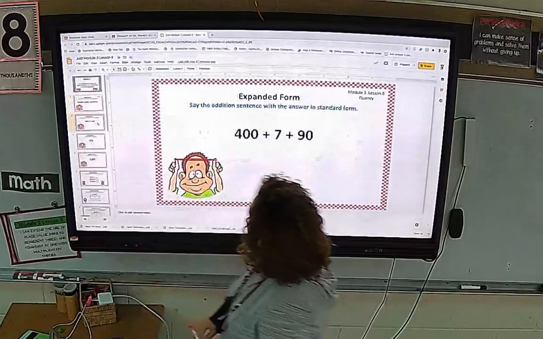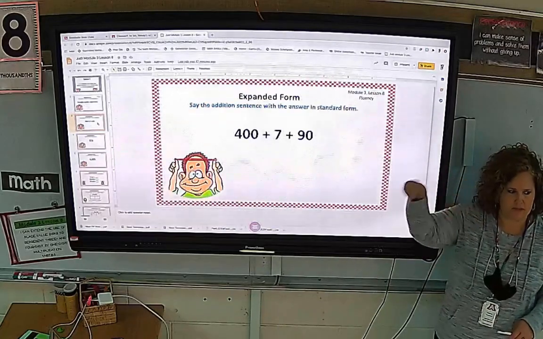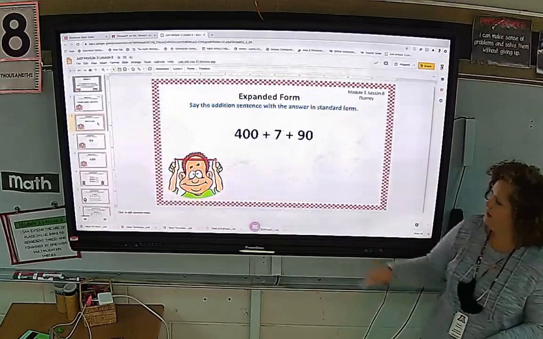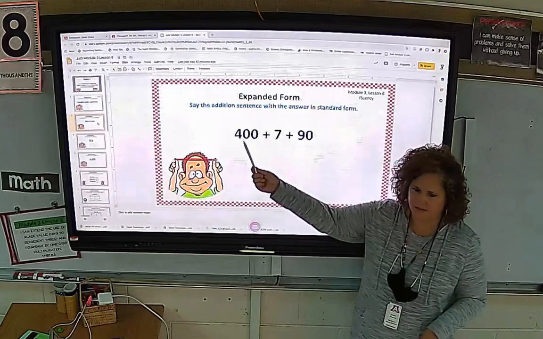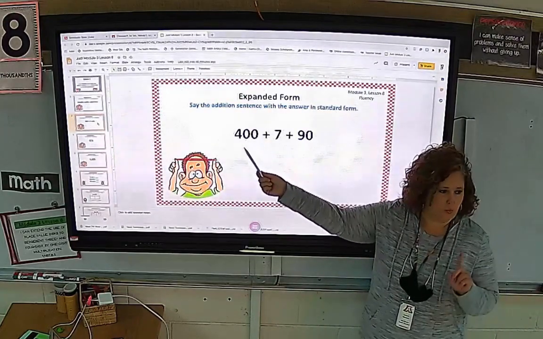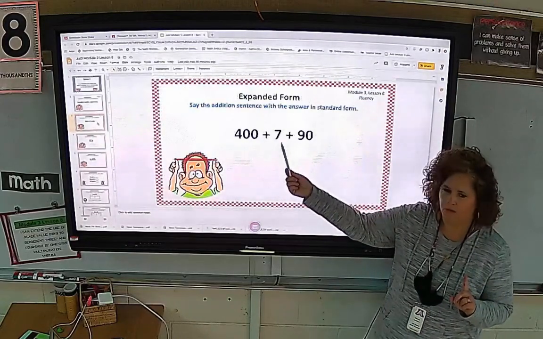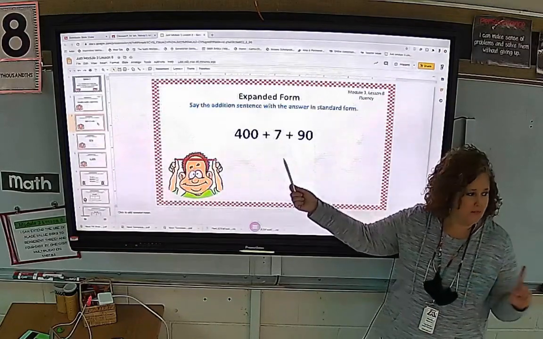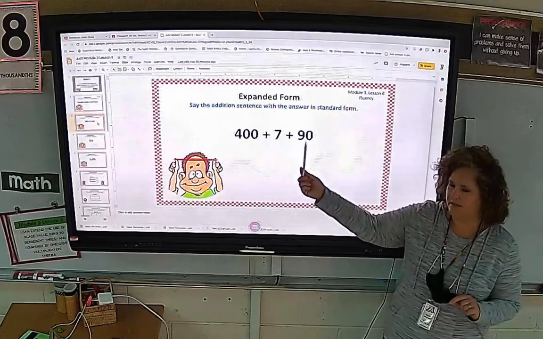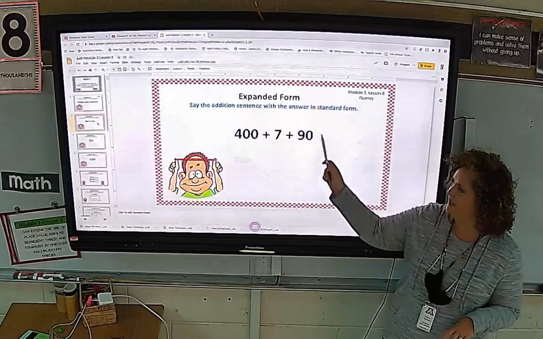So let's put this mentally into expanded form. So it will be 4 times 100 plus 7 times 1 plus 9 times 10, because we gotta look at what place it's in.